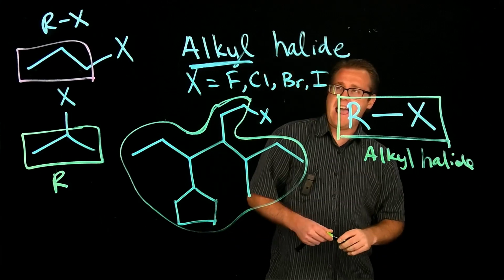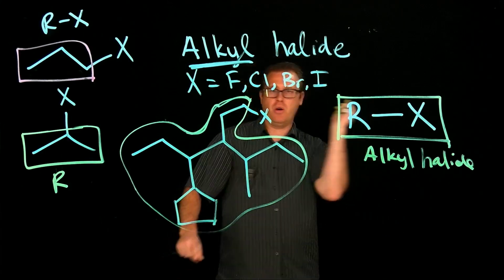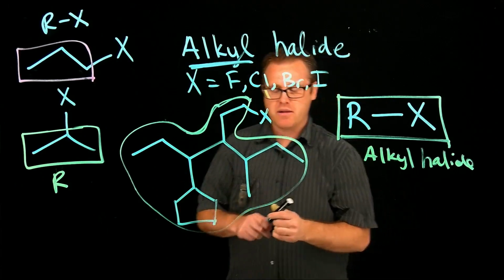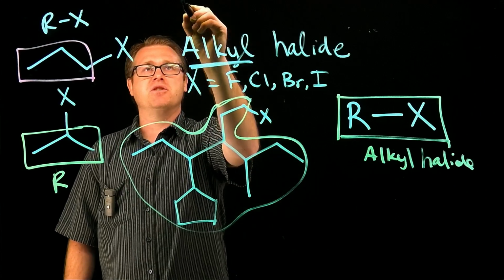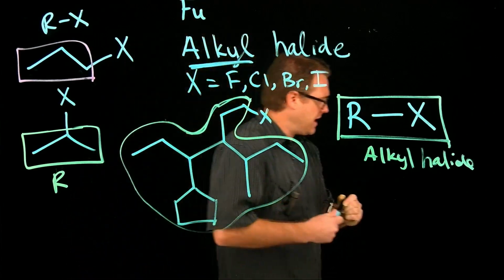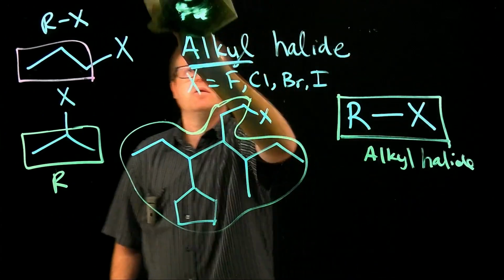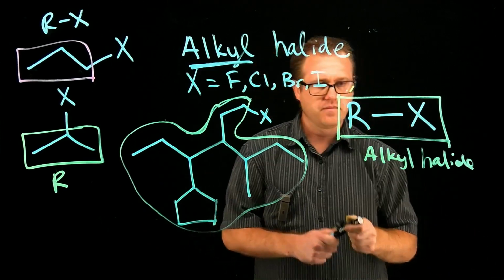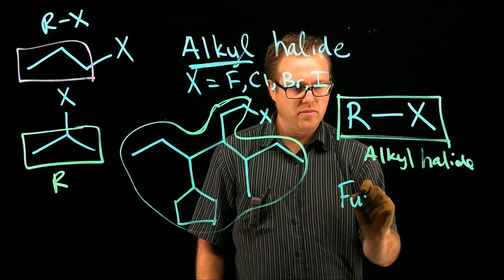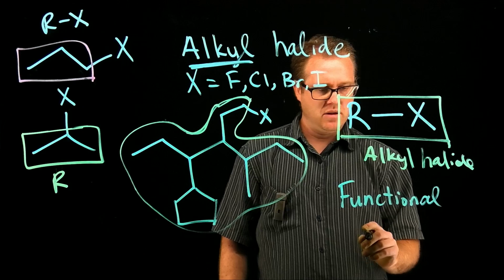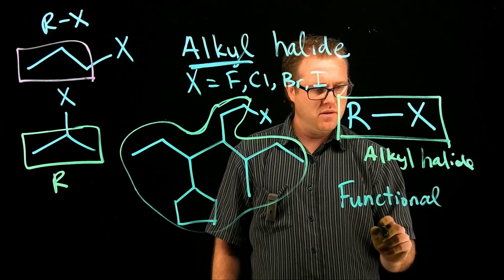And when we look at molecules and say, boom, that's an alkyl halide, what we're doing is we're classifying its functional group. I'm running out of space here. Functional groups.